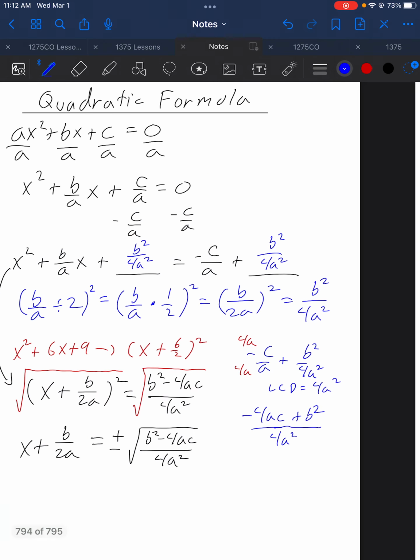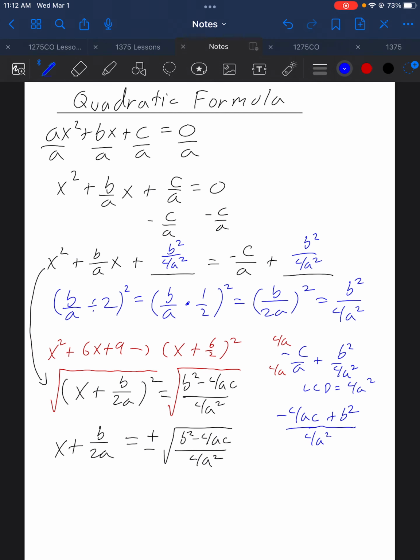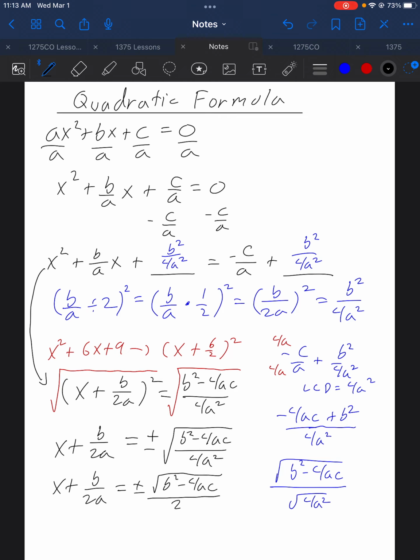And that allows us to take the square root of b squared minus 4ac independently from the square root of 4a squared. Now, b squared minus 4ac is not a perfect square, so we're going to leave that alone. But 4a squared is a perfect square. So this becomes x plus b over 2a equals plus or minus the square root of b squared minus 4ac over a regular 2a.